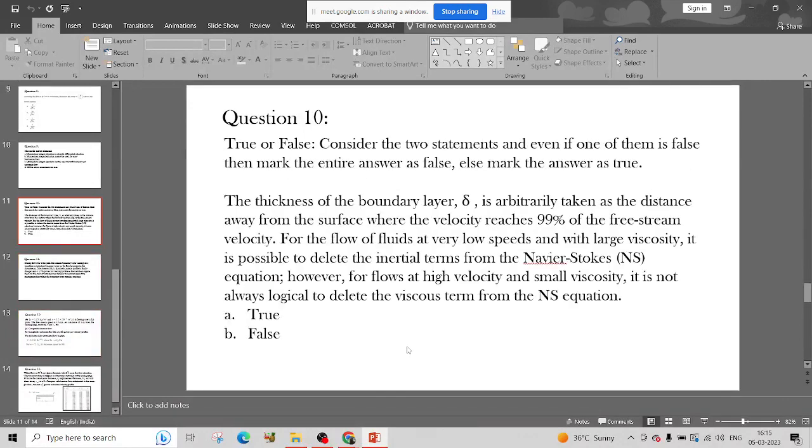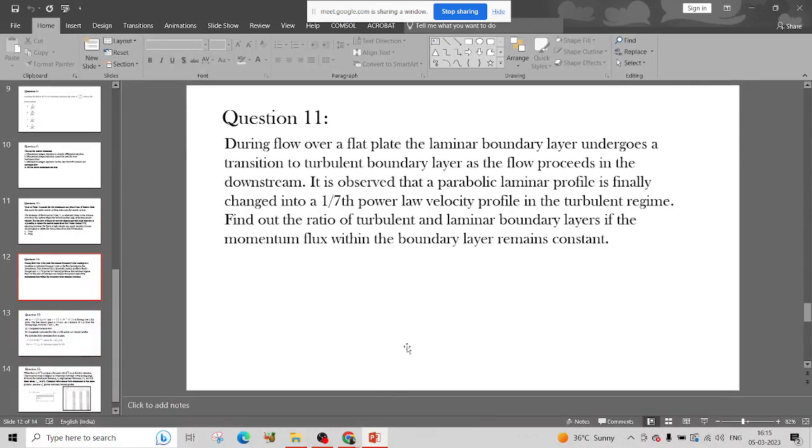Now this is a problem that we need to solve. During the flow over a flat plate, the laminar boundary layer undergoes a transition to turbulent boundary layer as the flow proceeds downstream.